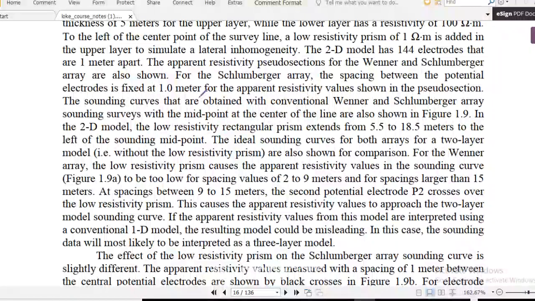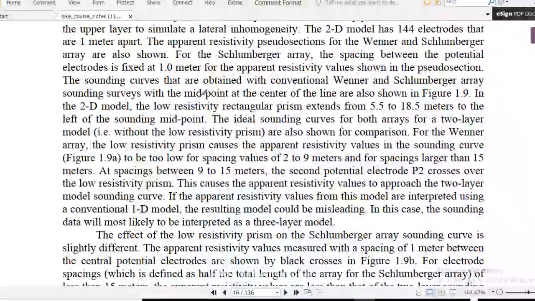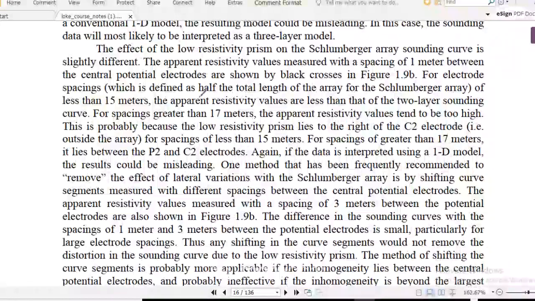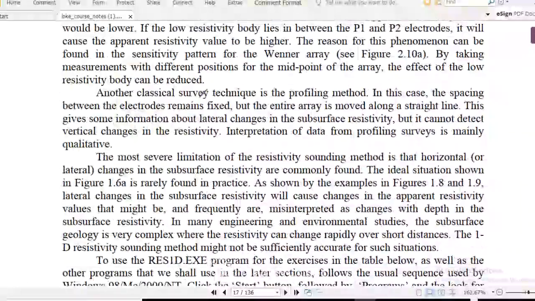The 2D model has 144 electrodes that are 1 meter apart. The apparent resistivity pseudosection for the Wenner and Schlumberger arrays is also shown. For the Schlumberger array, the spacing between the potential electrodes is fixed at 1 meter. Okay, this will be shown here.